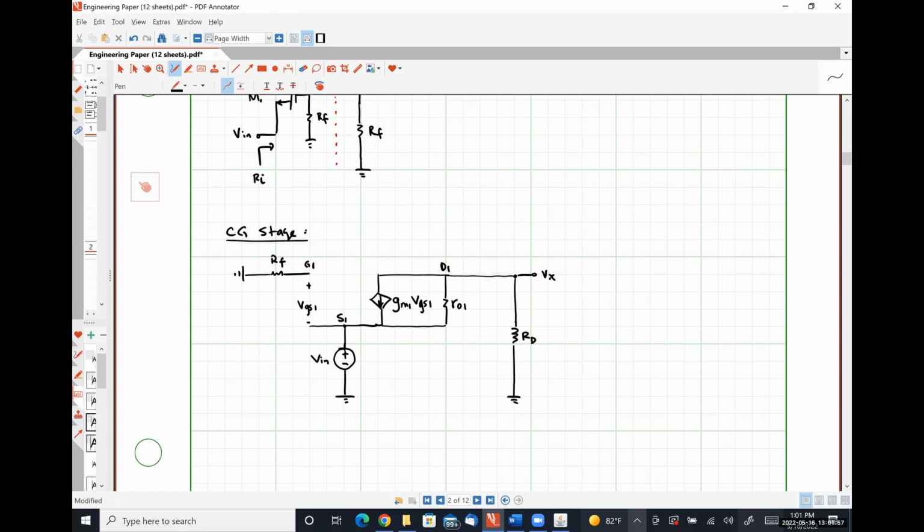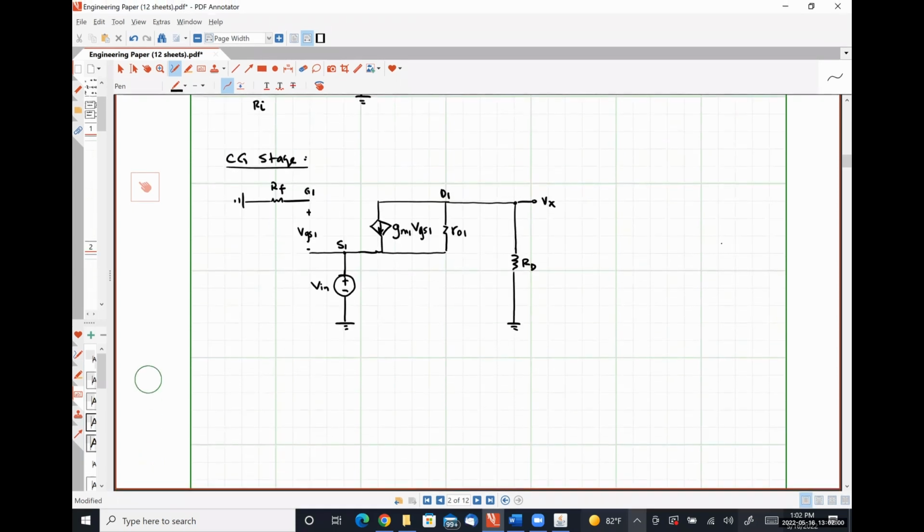All right, so if we apply Kirchhoff's current law at node D1, what we're going to have is Vx over Rd plus Vx minus Vn over R01 plus GM1 times VGS1.